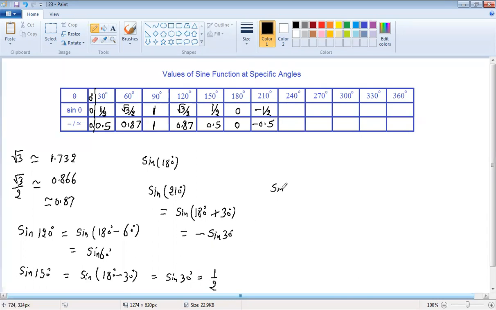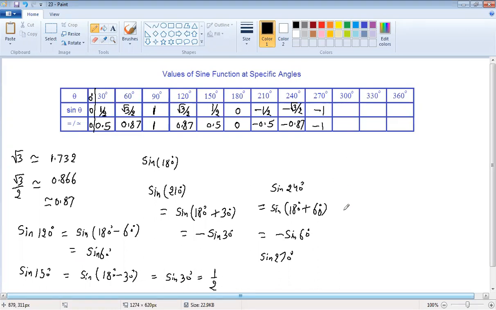Then we find sine of 240 degree. This is sine of 180 degree plus 60 degree. That is equal to minus sine 60 degree. That is minus root 3 by 2, which is same as minus 0.87. Then sine 270 degree, we have found it equal to minus 1. It is exactly equal to minus 1.